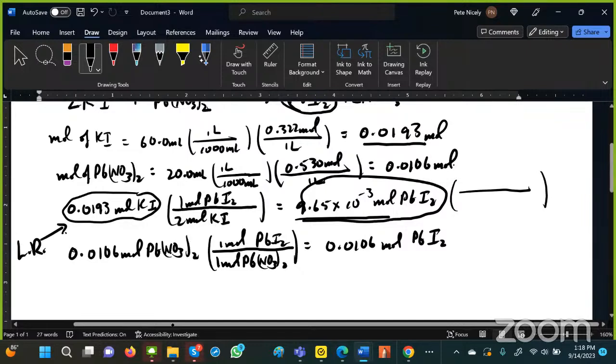Exactly. So you're going to have 1 mole of PbI2 here and the molar mass. Okay, so the molar mass of lead is 207.2 plus 2 times the molar mass of iodine, which is 126.9.